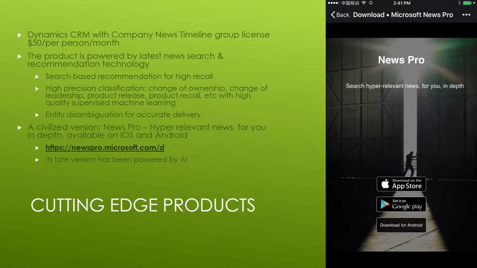So this, of course, is an enterprise version, and not every one of you can try it, but there is a consumer version, called News Pro, that you can actually try, downloading from iOS and Android. The download link is presented in these slides.